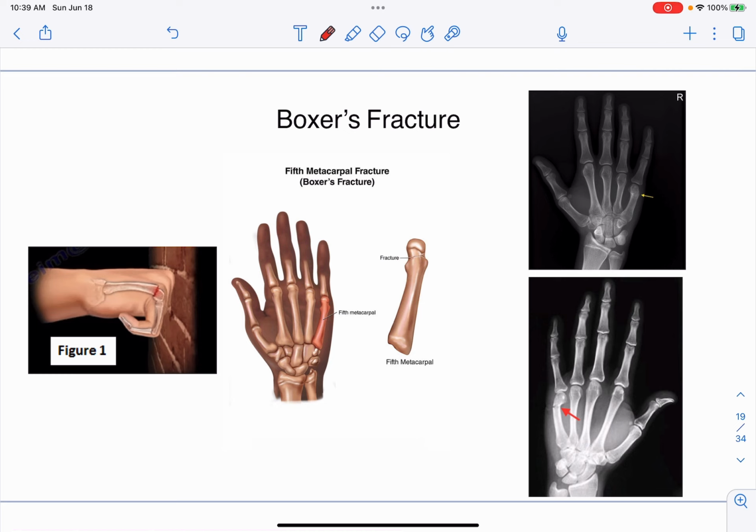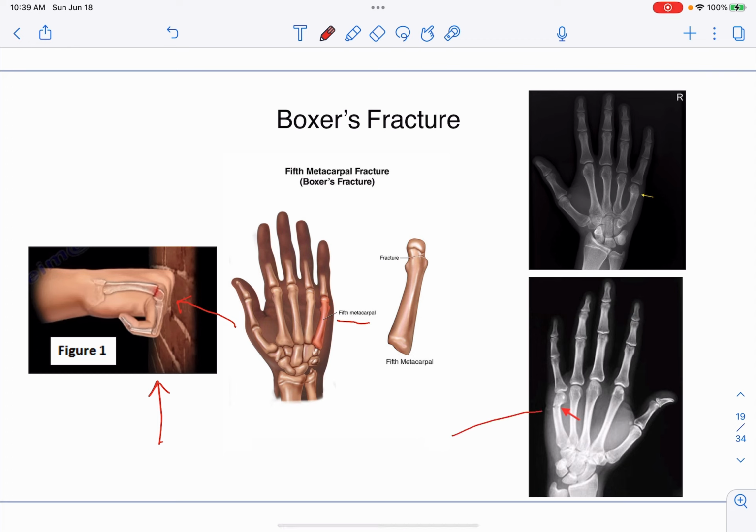And if you punch something and your hand is aligned this way, this is causing a lot of force to occur. What usually happens is either the fourth or fifth metacarpal takes the force of that punch, and you will get a fracture line on either one of these metacarpals. Usually it's the fifth metacarpal.